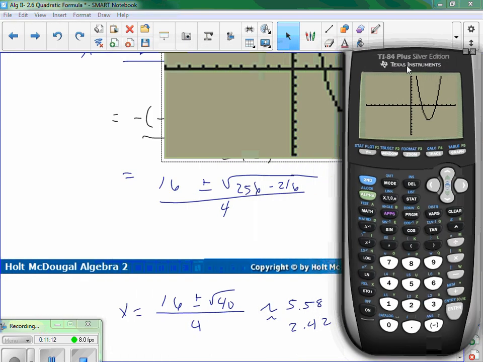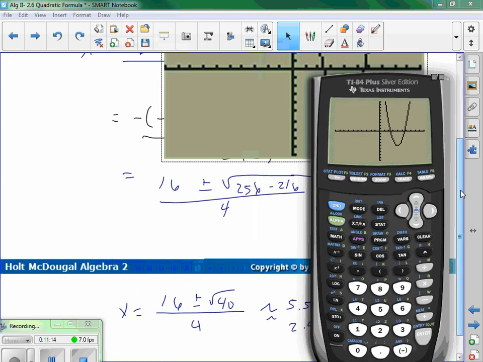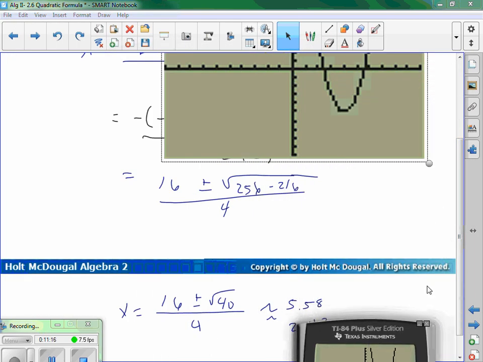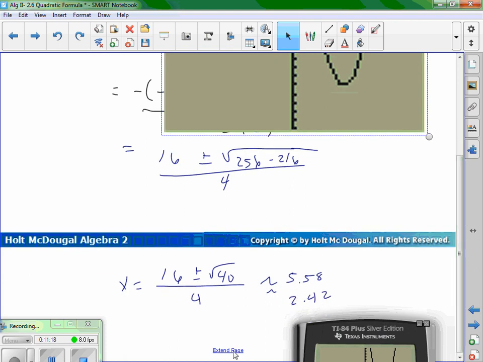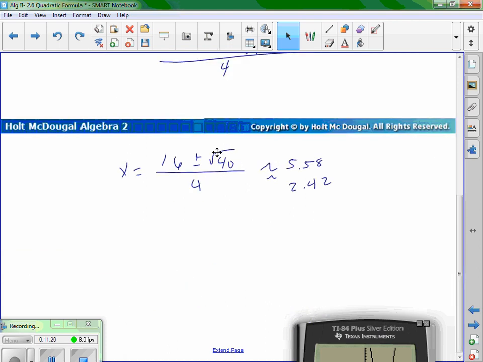One last thing. Let's see who wants bonus. So let's try to get some bonus here. Try to simplify this. Remember, when we look at the radicals, do any of our special numbers go in there? The 4, the 9, 16, 25. 4 goes in there.